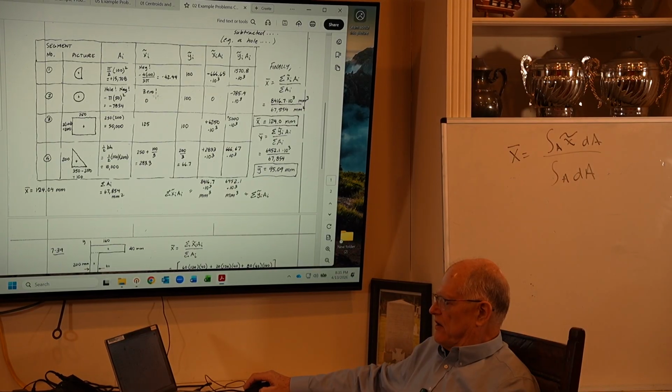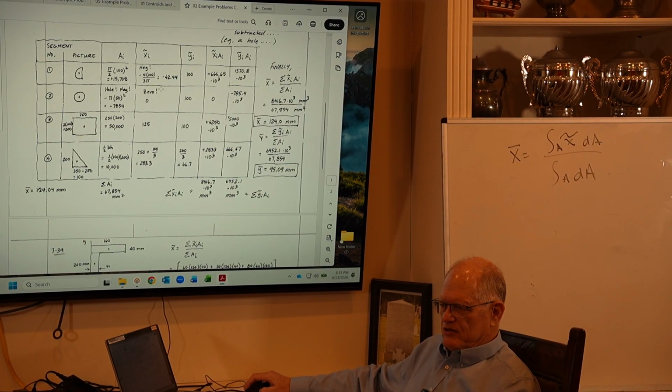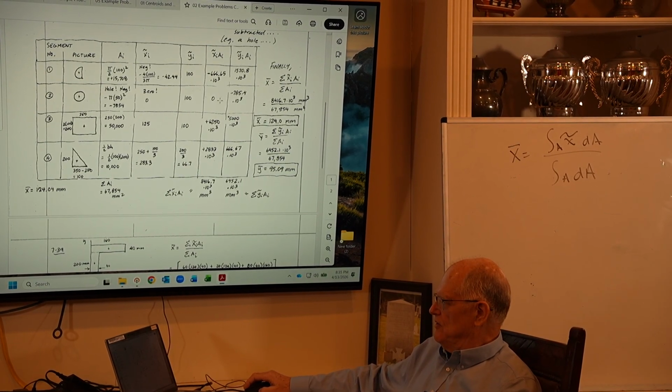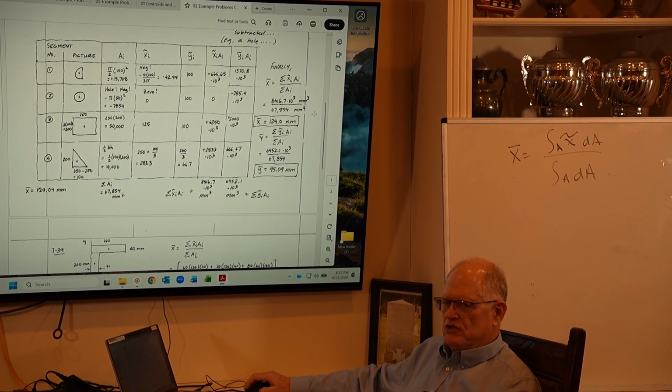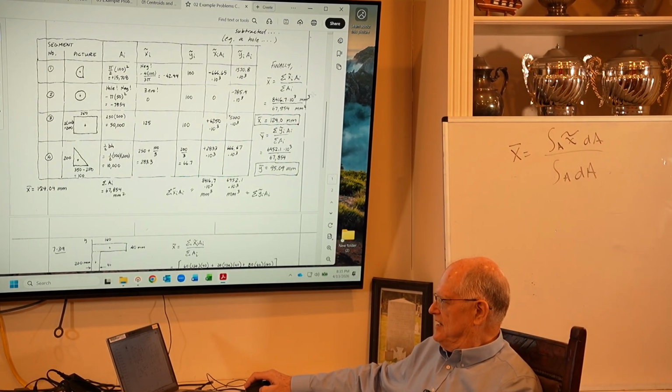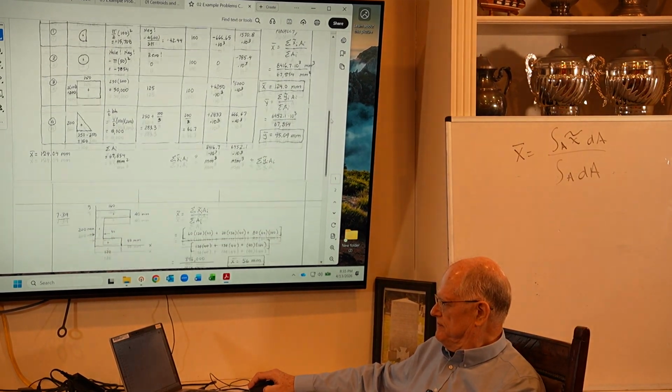Early on, especially with a complex problem, I think it's easier to set it up as a table. Once you've done this a time or two, you don't need to. Questions on that? That's the procedure. You just need to be able to deal with all of the different shapes.